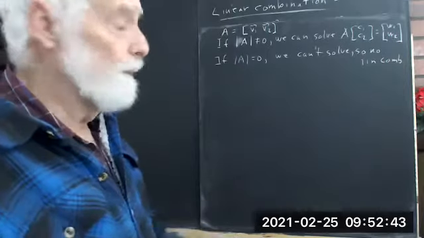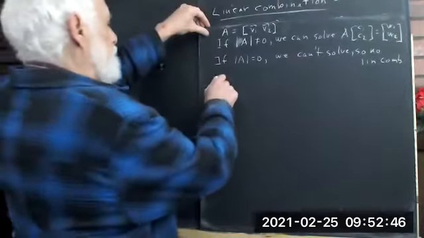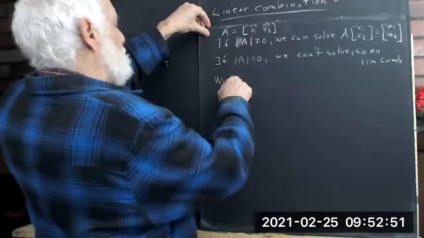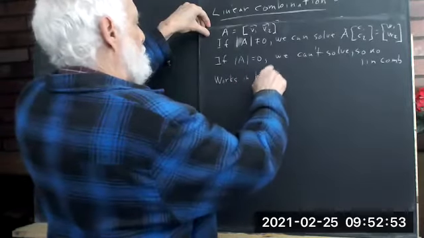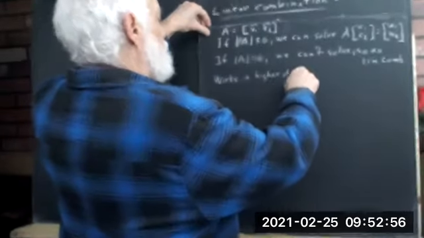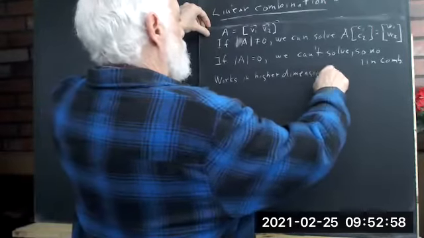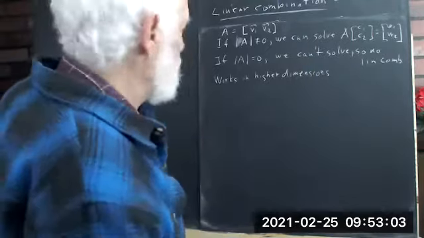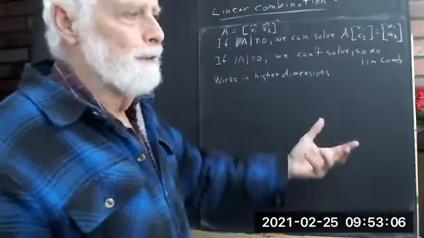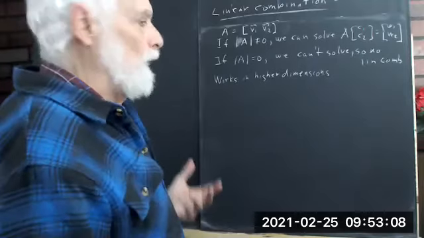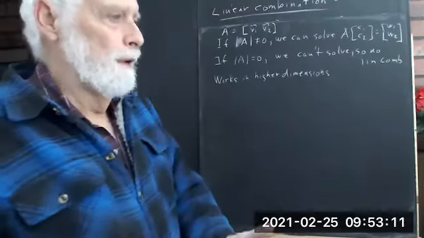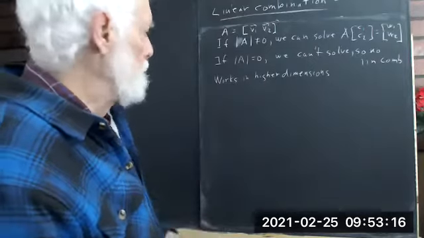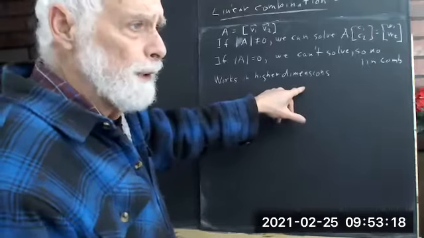In higher dimensions, and we haven't defined dimension, but just think Rn. Because any vector space over real numbers is going to be equivalent, it turns out, to an Rn for some n. This works in higher dimensions.